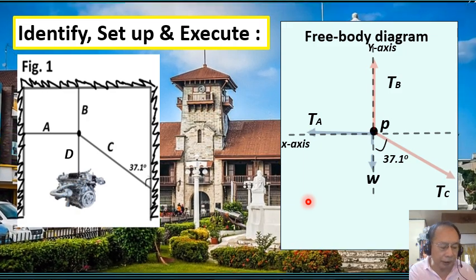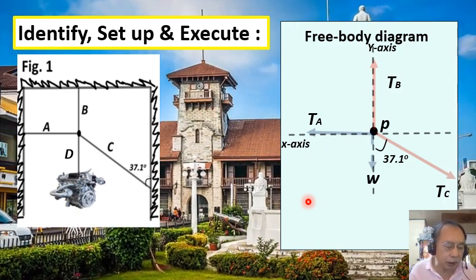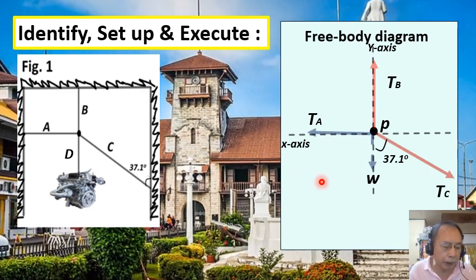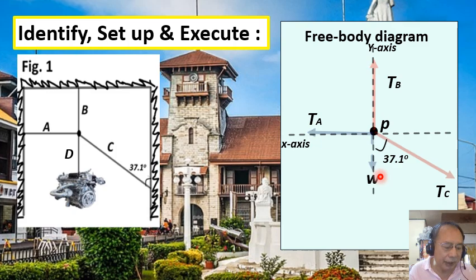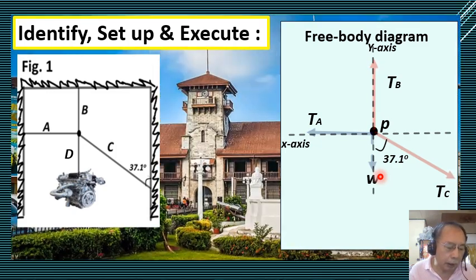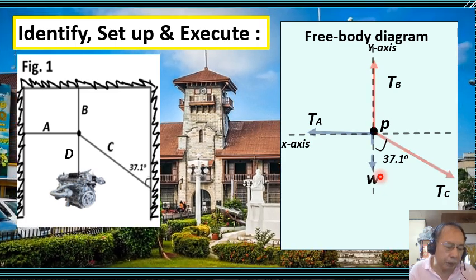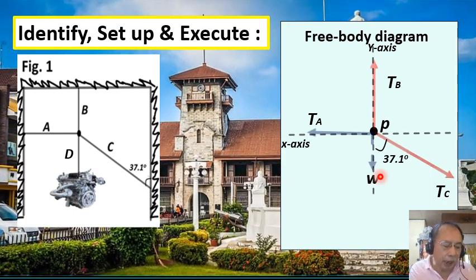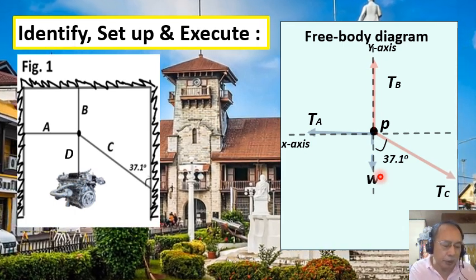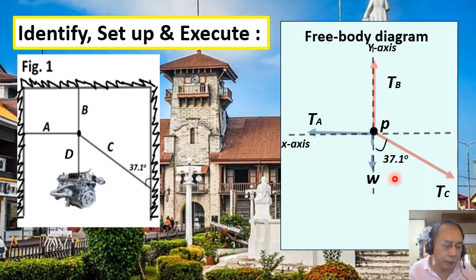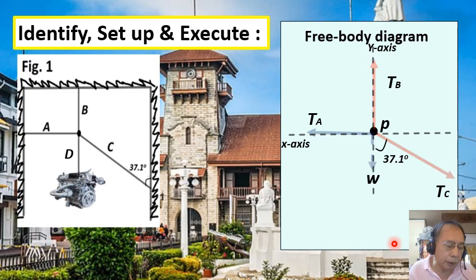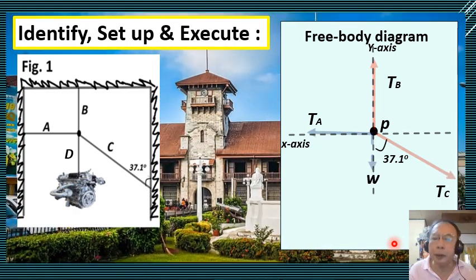So all these four forces, except the tension TD, are directed away from the imaginary particle P. Whereas the tension in cable D is directed into the imaginary particle P, which suggests that it is the reaction force exerted by particle P on the engine. The engine is pulling particle P downward, and particle P is pulling the engine with an equal but opposite force that is directed upward.